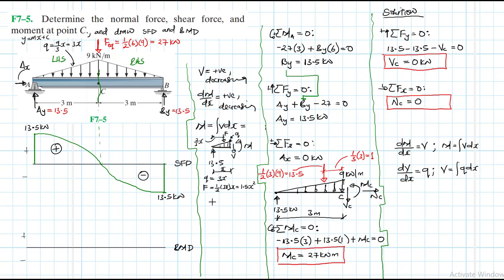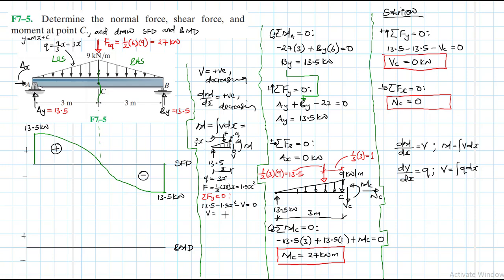Then summation of forces in the y direction, so let me write here, summation of forces in the y direction, we have 13.5 minus F, which is 1.5 x squared, minus V equals 0.